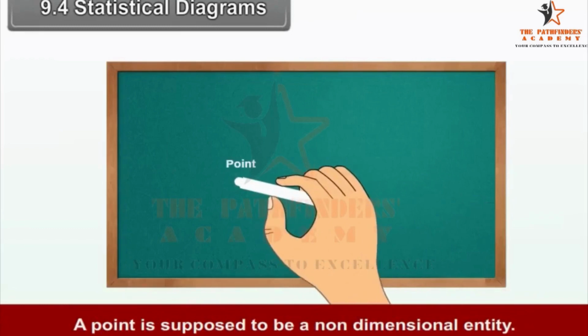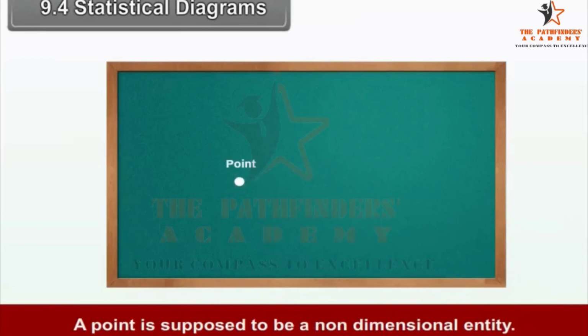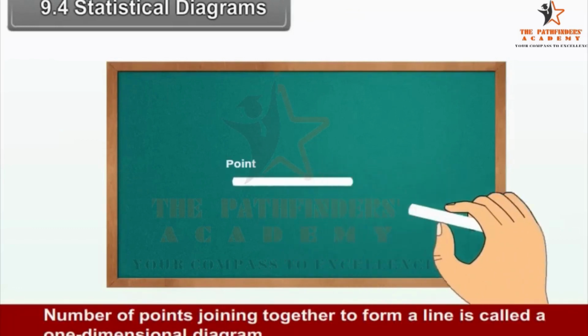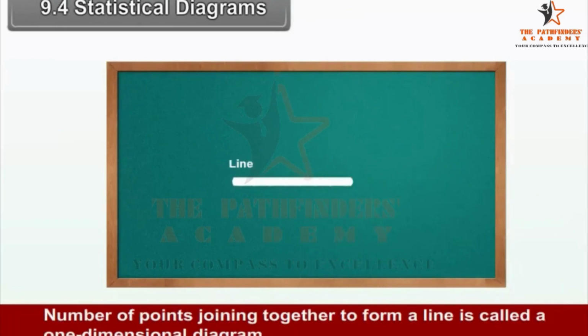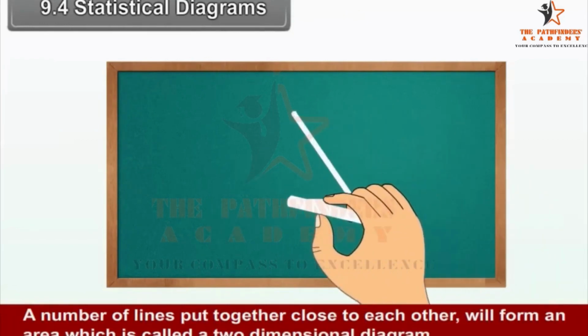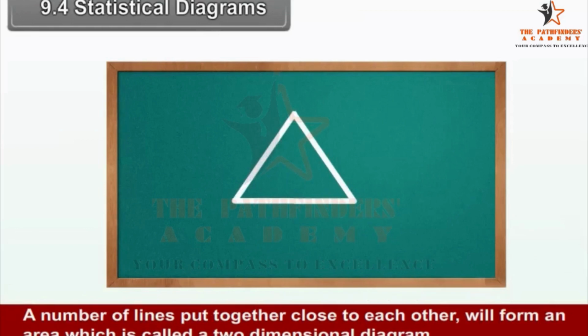A point is supposed to be a non-dimensional entity. A number of points joining together to form a line is called a one-dimensional diagram. A number of lines put together close to each other will form an area, which is called a two-dimensional diagram.